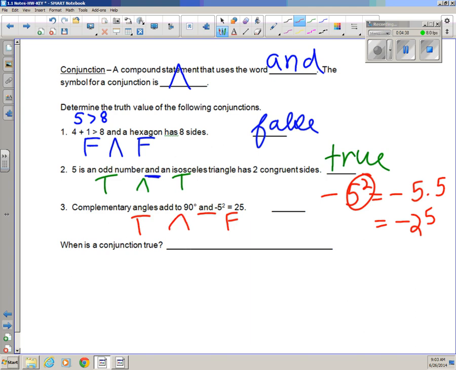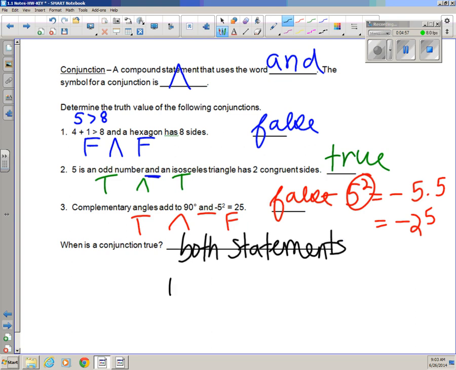So complementary angles add to 90 and negative 5 squared is 25. Well, true and false doesn't make sense. So this happens to be false as well. So hopefully you realize that for a conjunction to be true, both statements must be true.